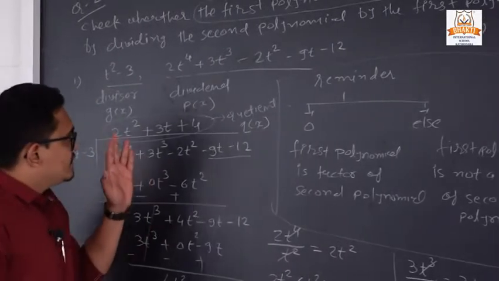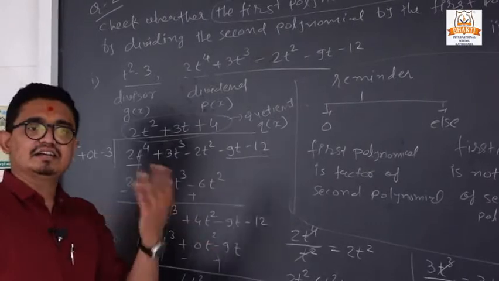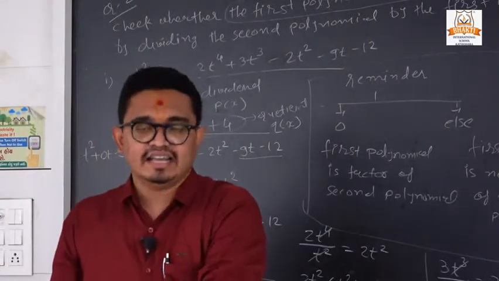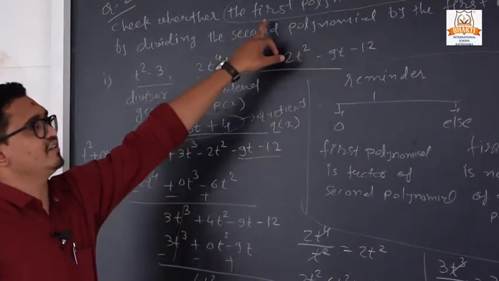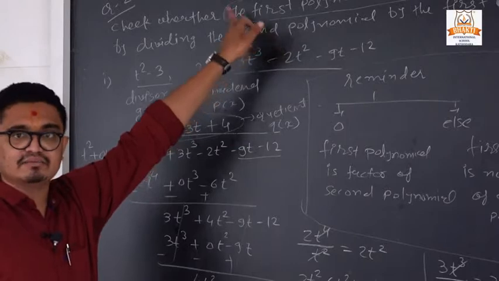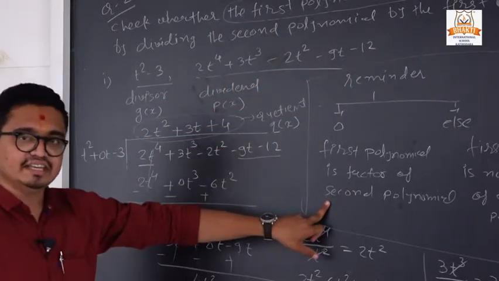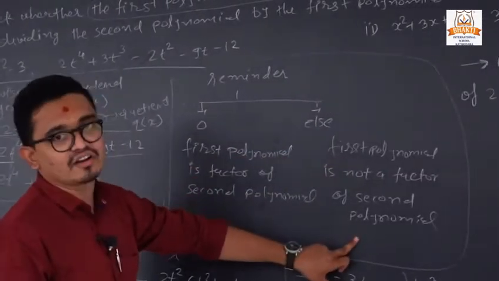In a previous day we also discussed the same sum, but in that sum they were asking two things: quotient and remainder. In this question we have the same procedure, but the question is different. First polynomial is a factor of second polynomial. So if we get remainder 0, then yes, and if we do not get remainder 0, then no.